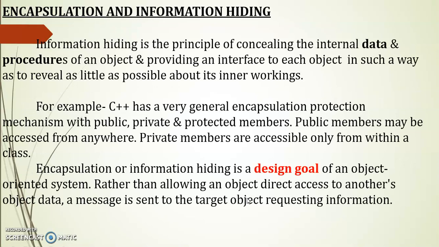Next is information hiding, which is also called encapsulation. Encapsulation means hiding internal data and procedures of an object and providing an interface to each object in such a way as to reveal as little as possible about its inner working. It is also a design goal of object-oriented system.